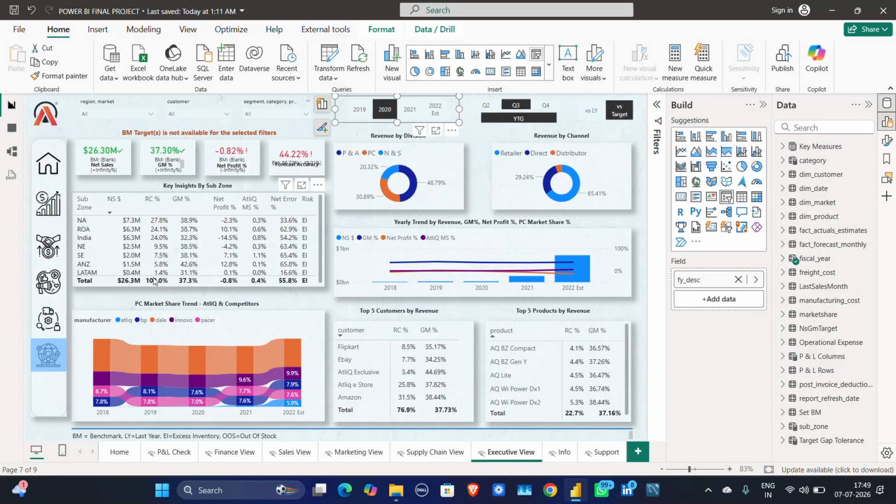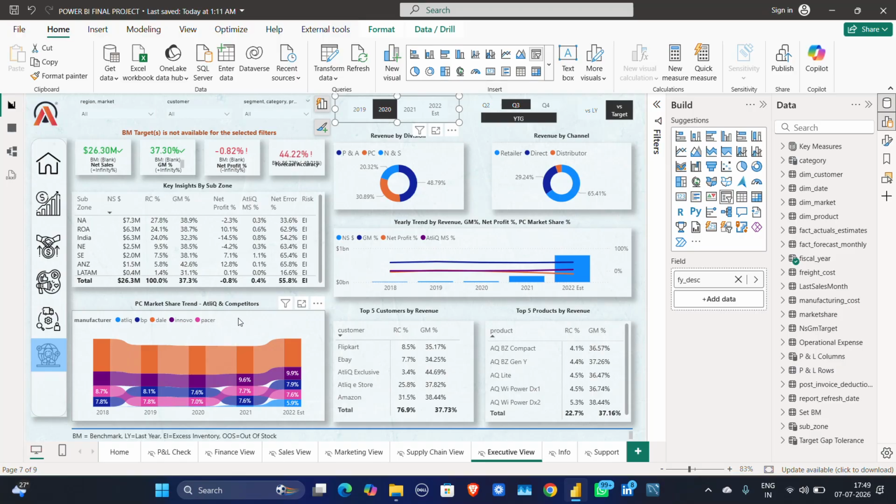Rather than looking at revenue alone, executives can understand how the company's competitive position is changing within the market. As you can see, the companies are Atlic, BP, Dale, Innovo, Pacer.